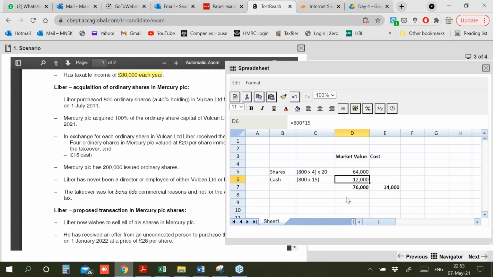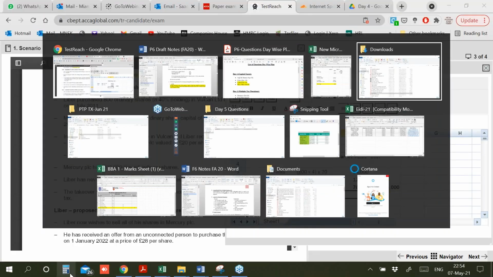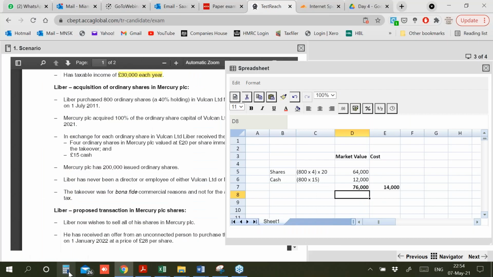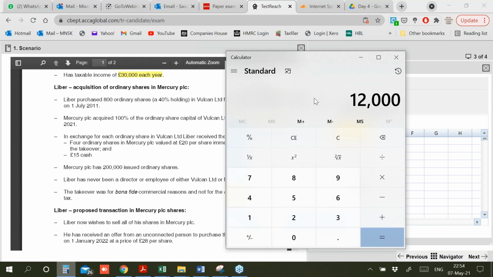For example, if I calculate cash first, my total proceeds are 76,000 and my cash is 12,000. So 12,000 divided by 76,000 is almost 15.8%.